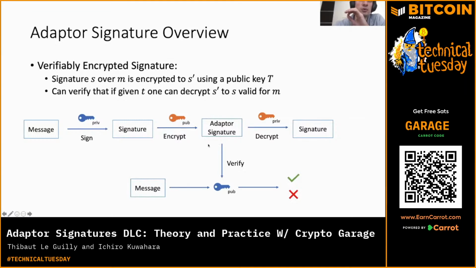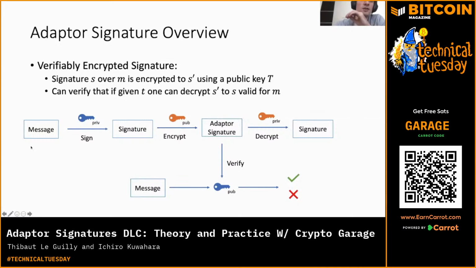But at that point, even without knowing the private key, you can verify that this adapter signature encrypts a signature using this public key that corresponds to the private key here. And you can be guaranteed that once you get this private key, you will decrypt it to the signature that was created here.